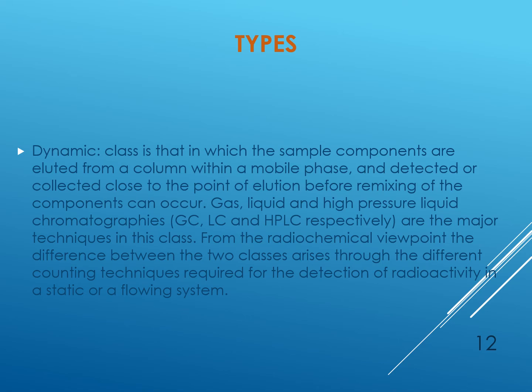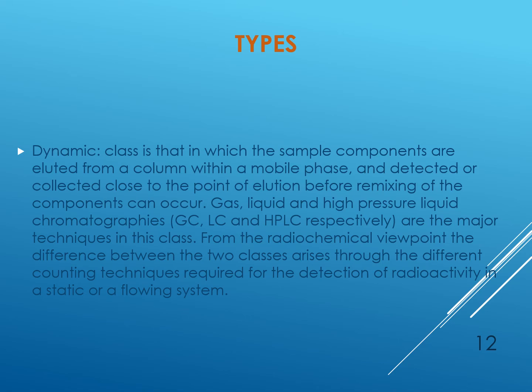Gas, liquid, and high pressure liquid chromatographies are the major techniques in this class. From the radiochemical viewpoint, the difference between the two classes arises through the different counting techniques required for the detection of radioactivity in a static or a flowing system.